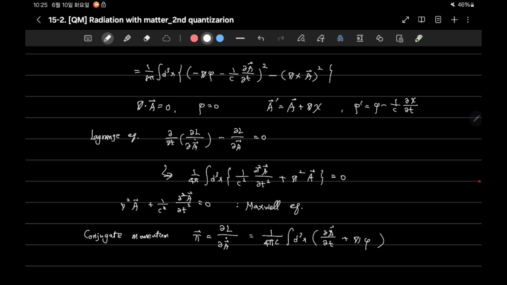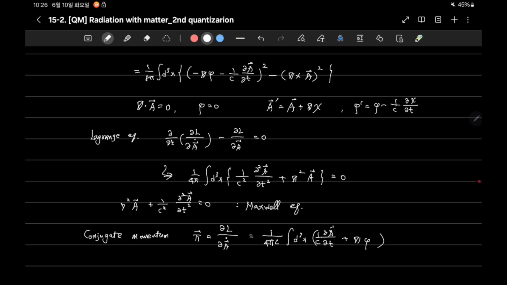That is the conjugate momentum. Because of the derivative, the 2 becomes 4 pi, and the derivative also gives the 1 over c here.